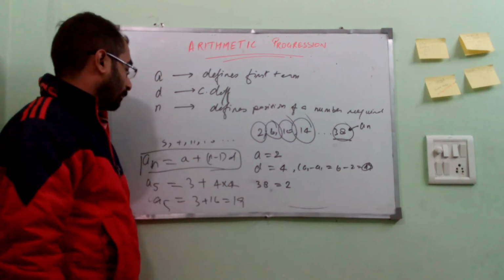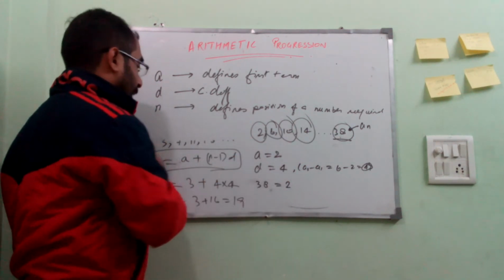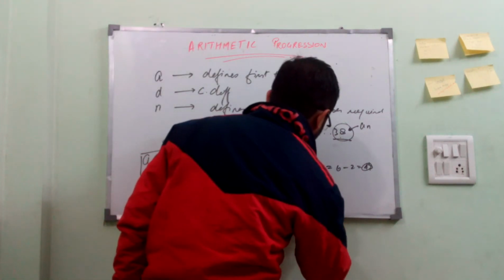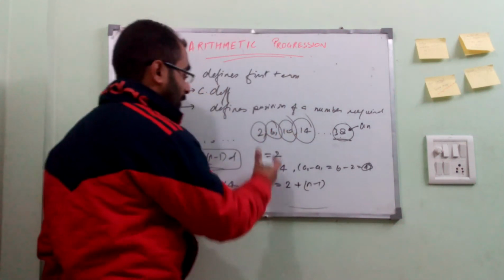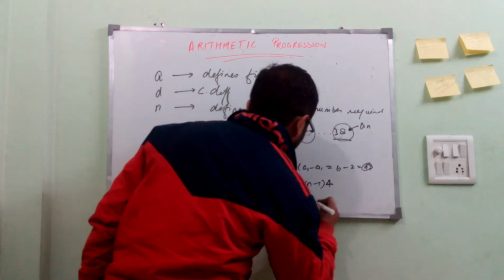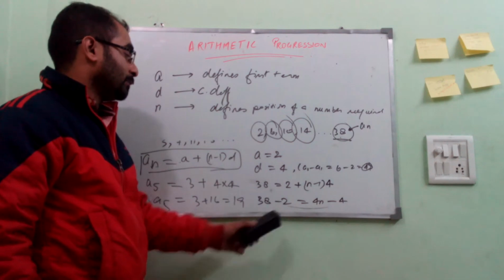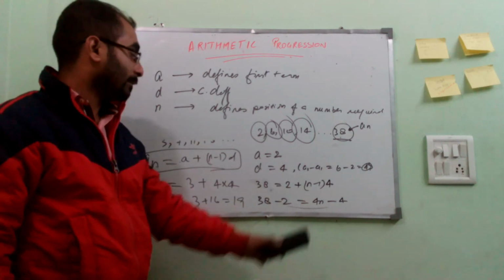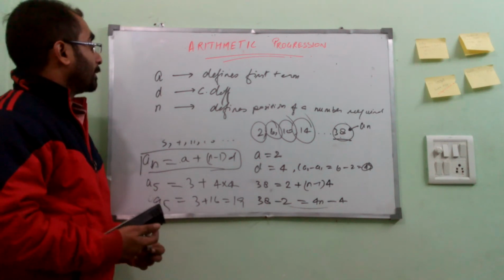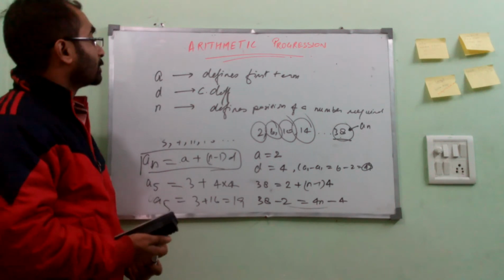So this is an, this is a, and n minus 1, which we do not know, so we leave it as it is, and we know the difference, that is 4. So 38 minus 2 is equal to 4n minus 4. When we solve it, we'll get the value of n. Clear? So this is how we solve the questions of the nth term in arithmetic progression.